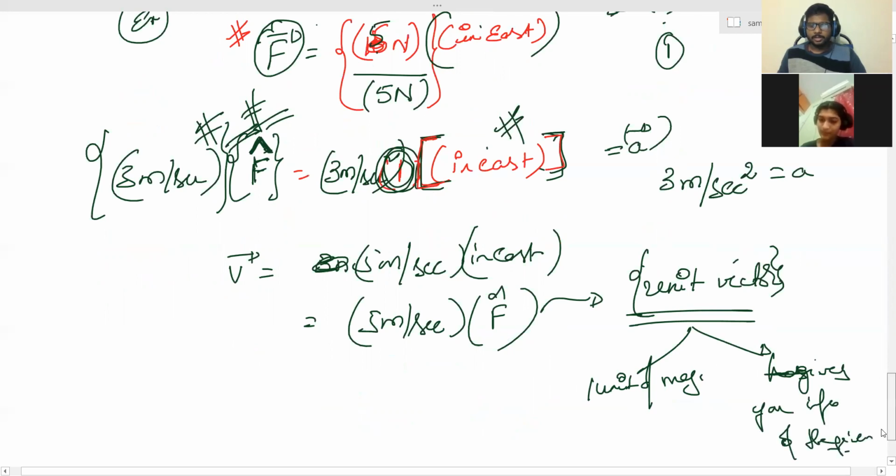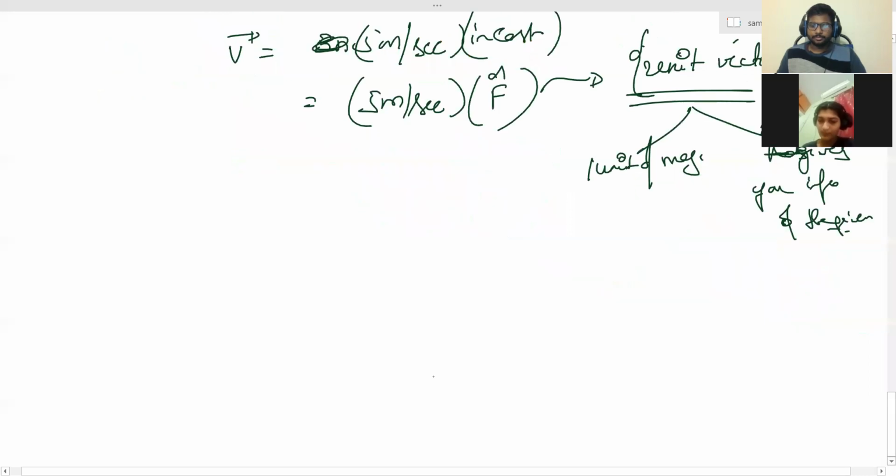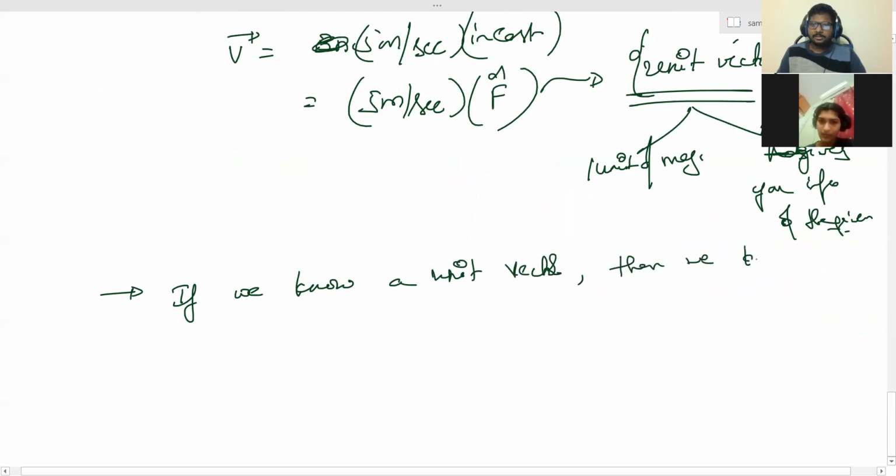This unit vector concept is quite wonderful. If we know a unit vector, then we know a particular direction.